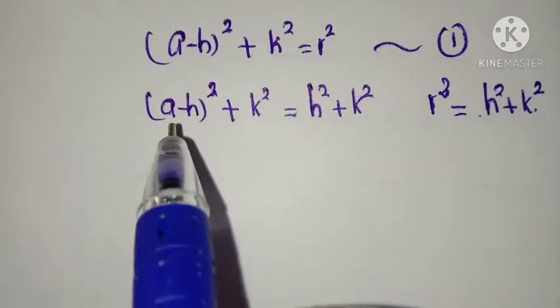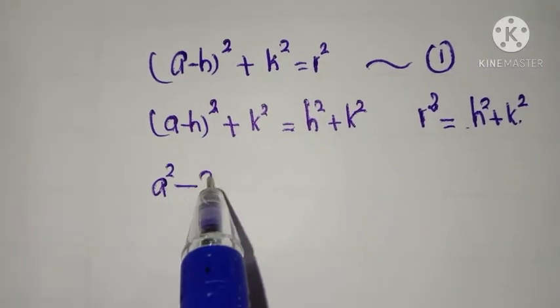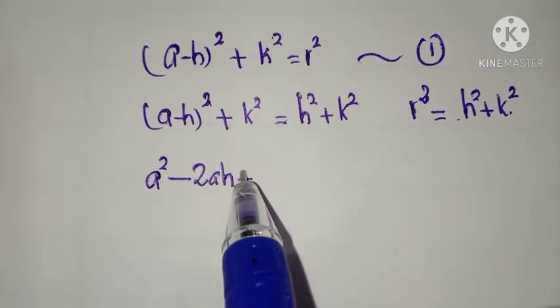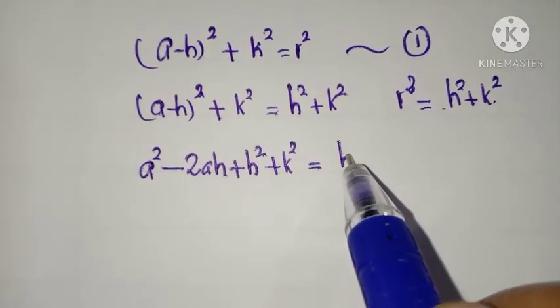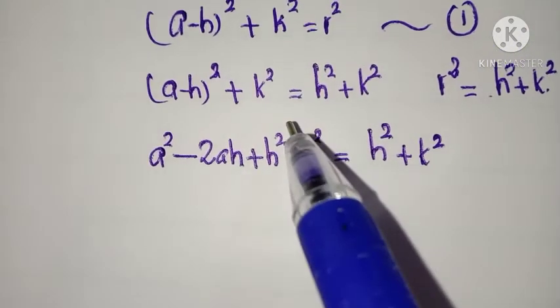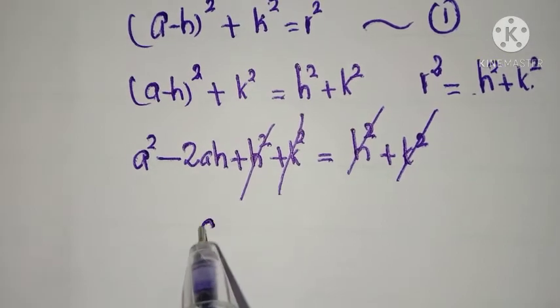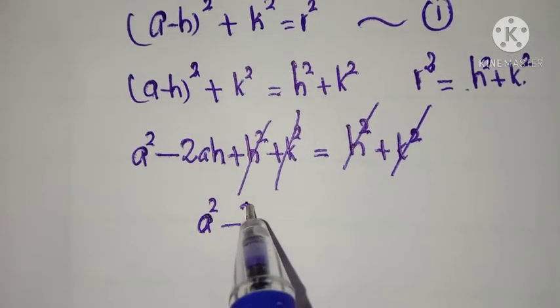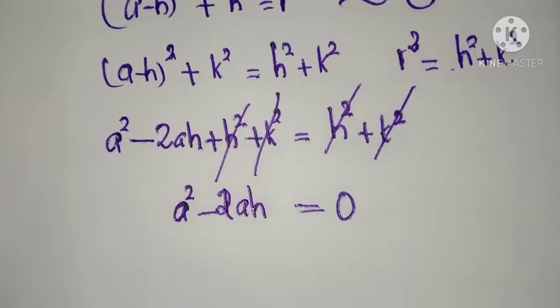Now expand using (a minus b) whole square. So this becomes a square minus 2ah plus h square plus k square equal to h square plus k square. Now cancel the like terms h square and k square. So this reduces to a square minus 2ah equal to 0.